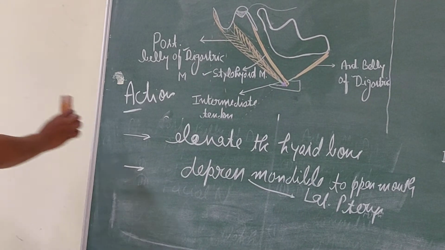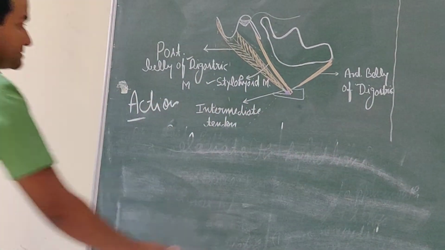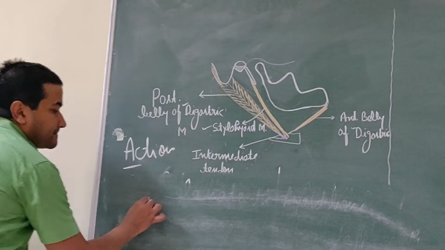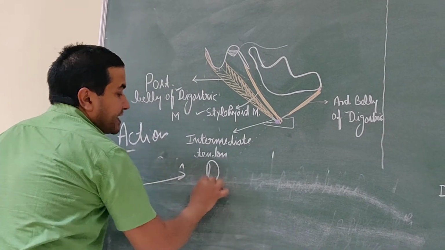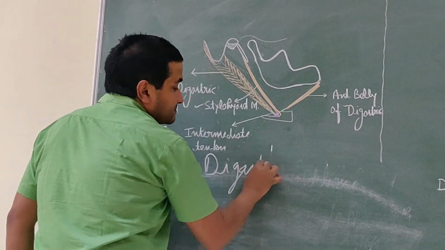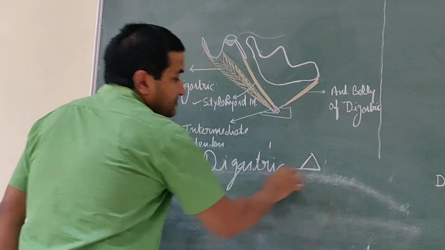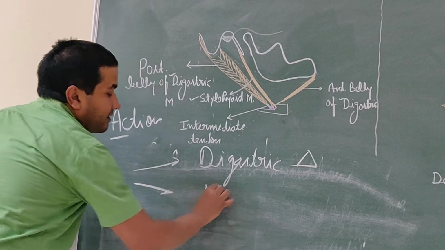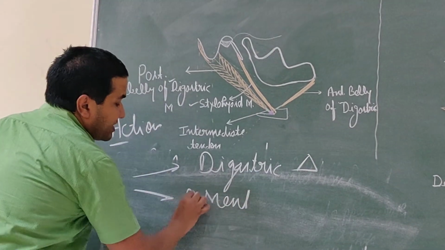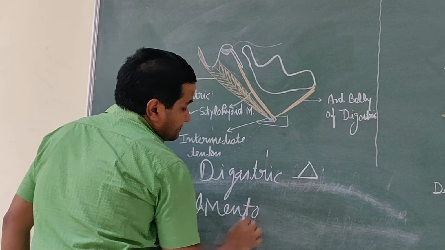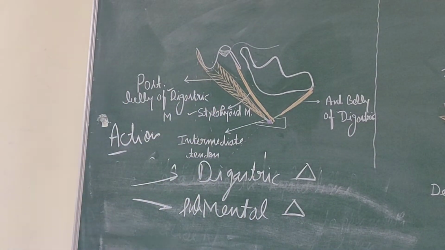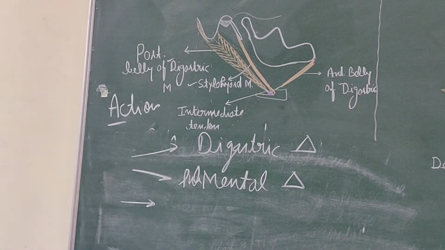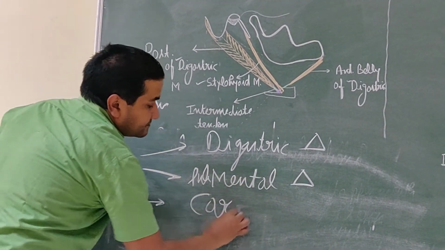Now, the digastric muscle forms the digastric triangle. The anterior belly participates in the formation of the submental triangle. Then its posterior belly assists in the formation of the carotid triangle.